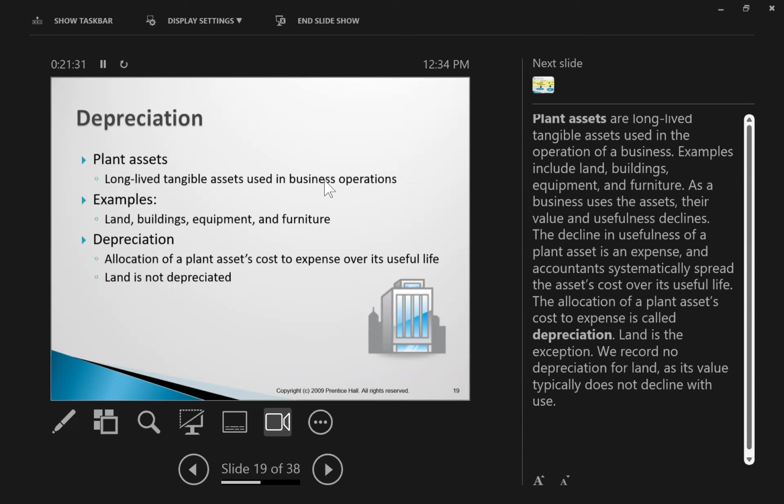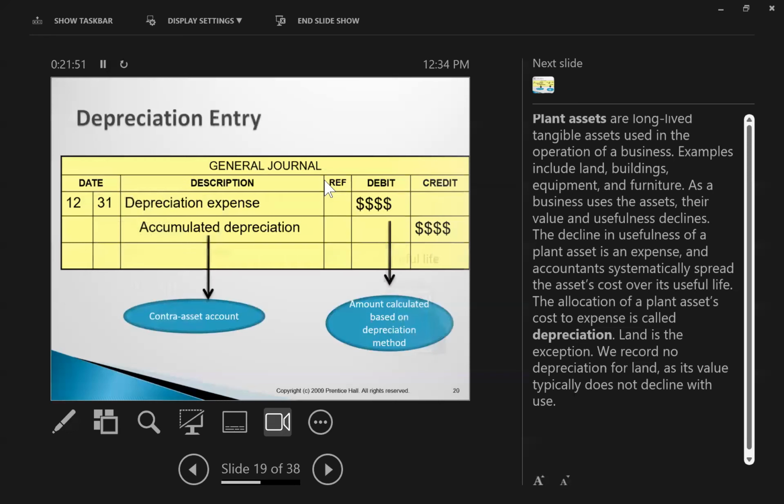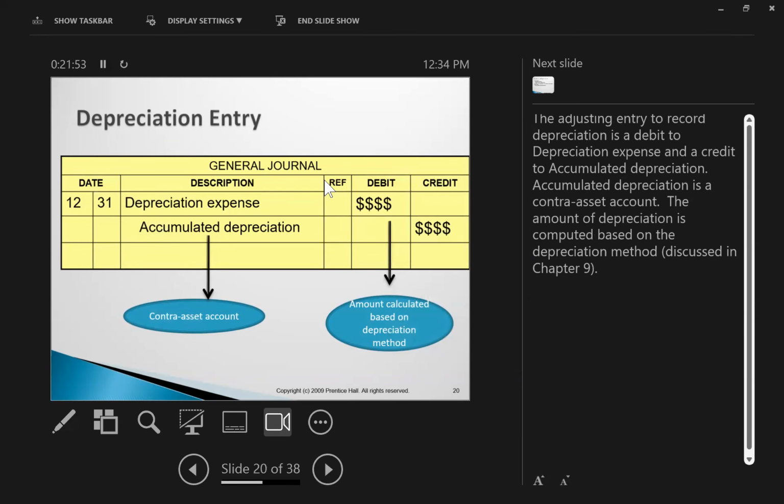We do not depreciate land. We can depreciate everything else, the buildings, the equipment, furniture, vehicles. We can depreciate all of that stuff. We do not depreciate land. When we do take depreciation, though, it's going to be an expense. Now, remember what we've been saying.